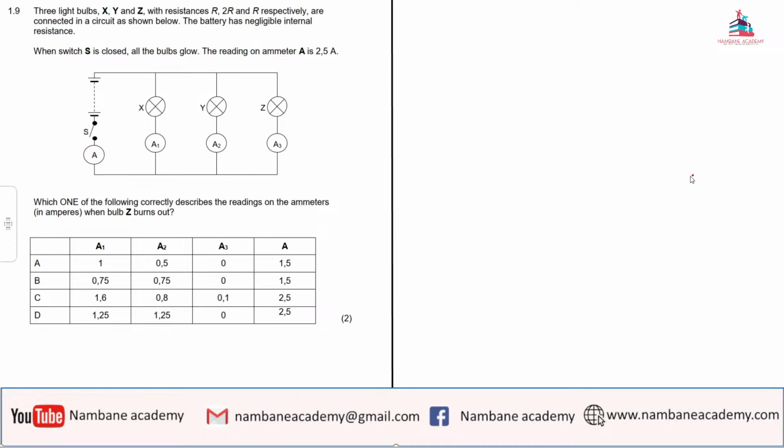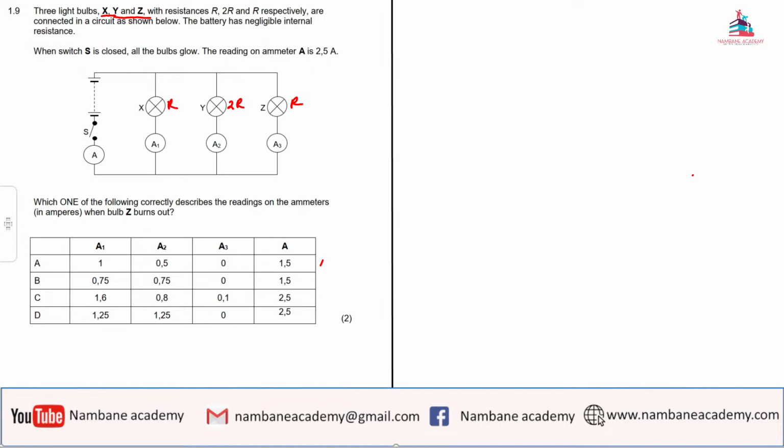3 light bulbs X, Y, and Z with resistances R, 2R, and R are connected in a circuit shown below. The battery has a negligible resistance.